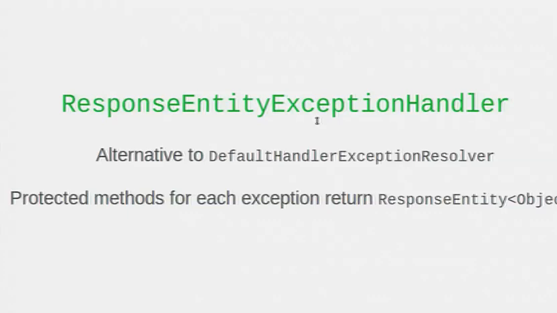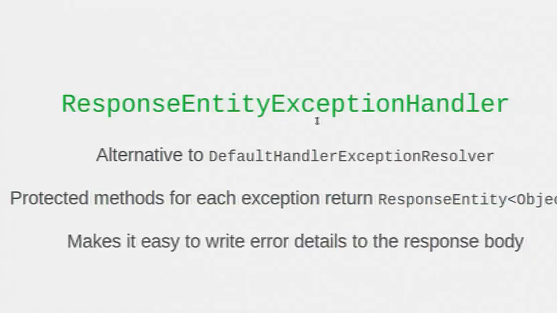So if you get, for example, media type not supported exception, it's going to give you a specific status code, and all these exceptions are mapped to specific status codes, but actually the return values from the methods are a response entity, and it makes it really easy to basically override this class and then decide what error information to put in the body of the response. So if you're doing a REST API, now you can pull in the Spring MVC exceptions and have an application-wide strategy to write to the body, just making that easier, essentially.